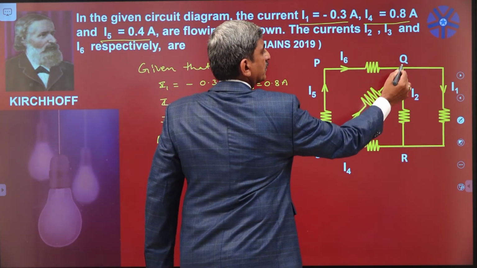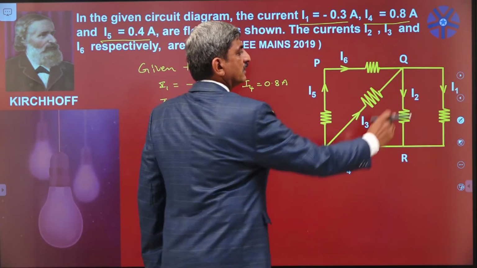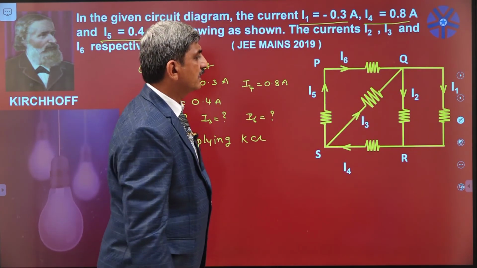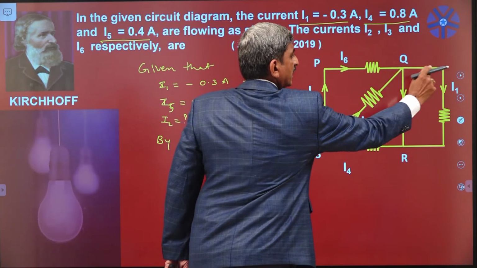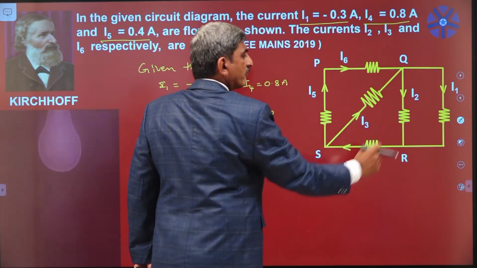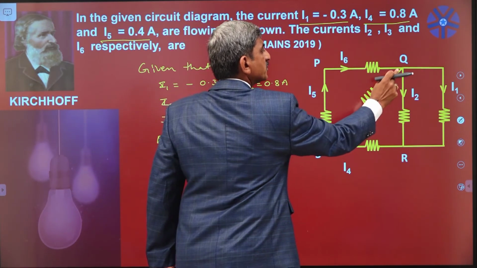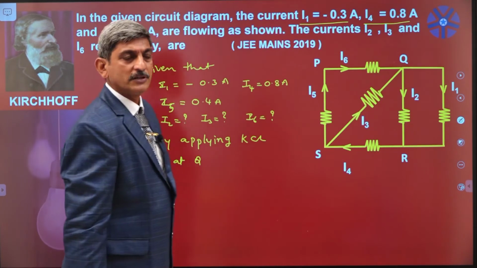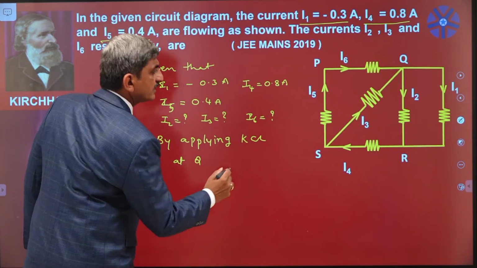So at point Q, how many branches are meeting? 1, 2, 3, 4 branches are meeting. In that, the current in this branch is moving away from the junction. This one is also moving away from the junction. This current is moving towards the junction. This current is also moving towards the junction. So what can we write?